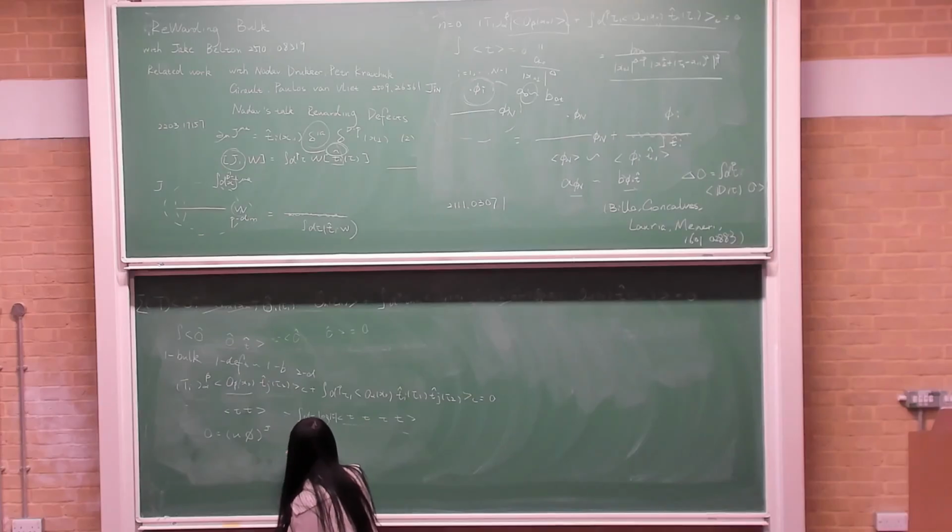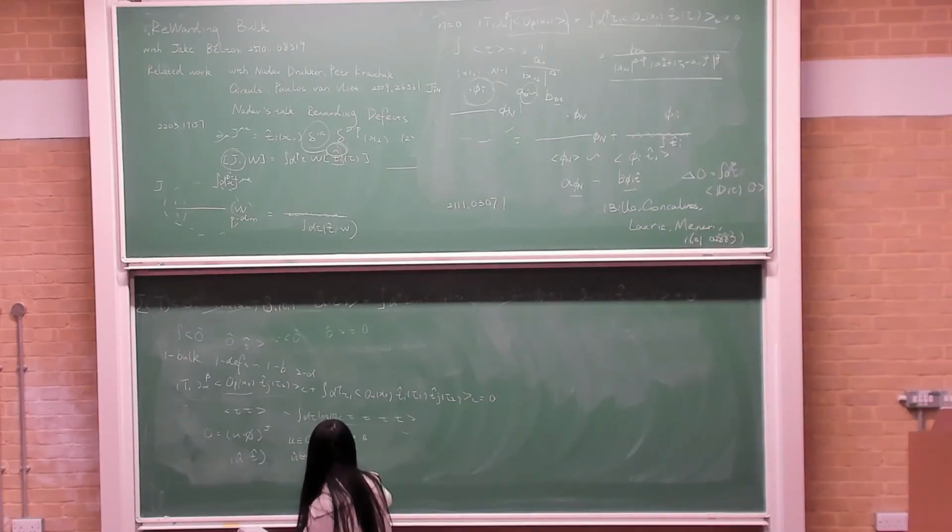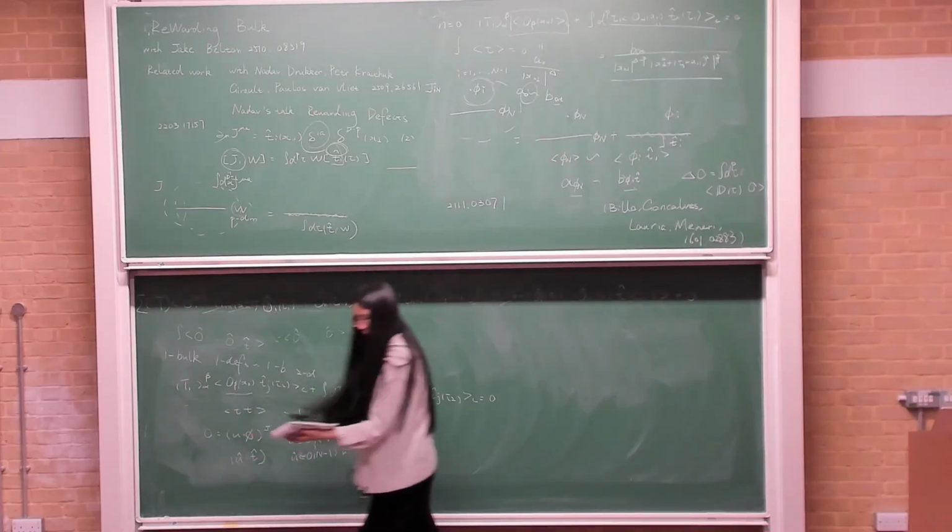I require my u to be a vector in O n and a null vector, so that it guarantees that O transforms in the symmetric traceless representation. And my defect operator, because here I have used this u to contract the indices, I will also use something that is u hat to contract the indices of my defect operator. I also say this u hat is a vector in O n minus 1, and for simplicity, I also want it to be a null vector.